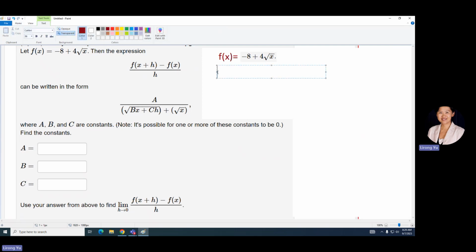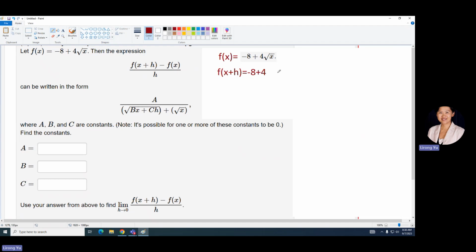That's the one we do have to work out the substitution. This follows the same definition, so it's -8 plus 4, with x plus h in the root. Everything else you copy. So it's going to be -8 plus 4 times root of the input. The input is x plus h, so it's root of x plus h.